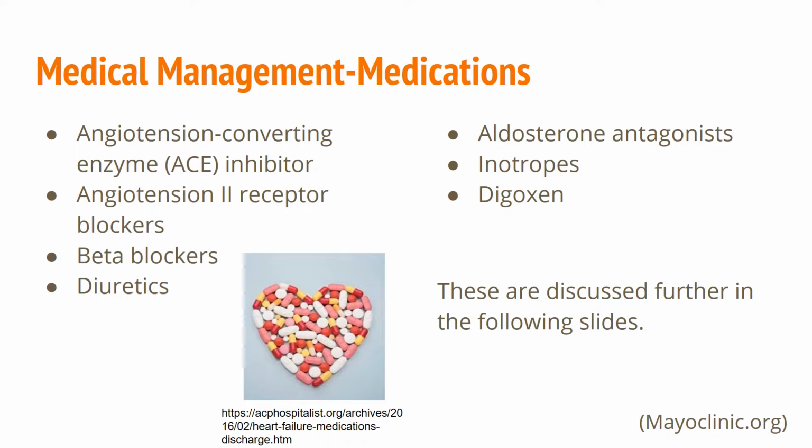Medical management for heart failure includes angiotensin converting enzyme, or ACE, inhibitors, angiotensin II receptor blockers, beta blockers, diuretics, aldosterone antagonists, inotropes, and digoxin. We will discuss these further in the following slides.